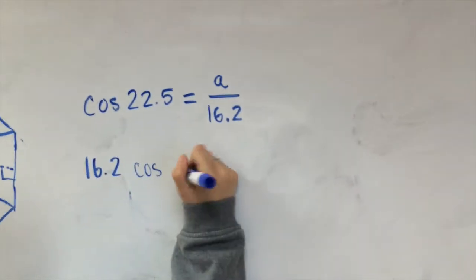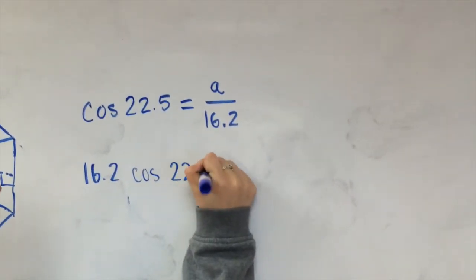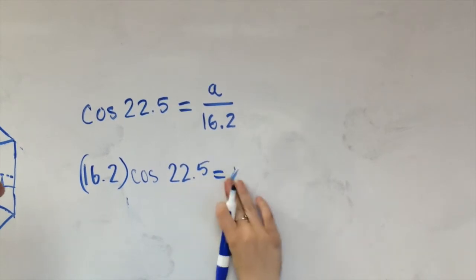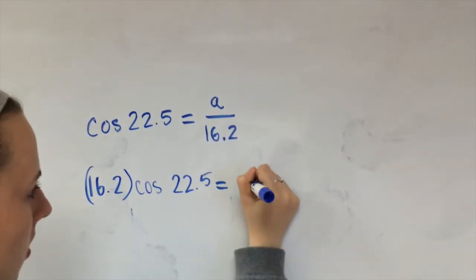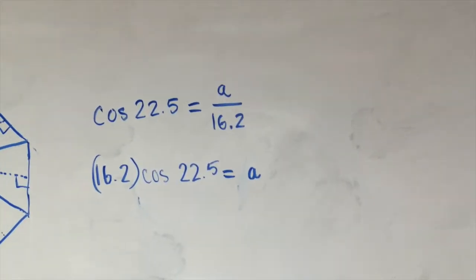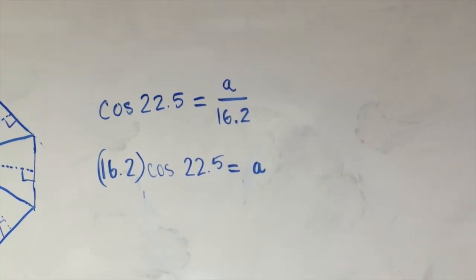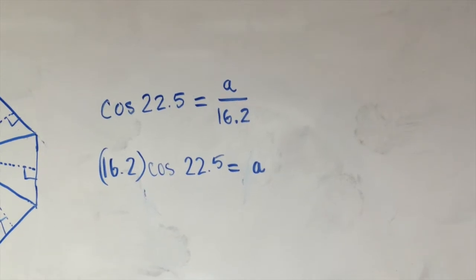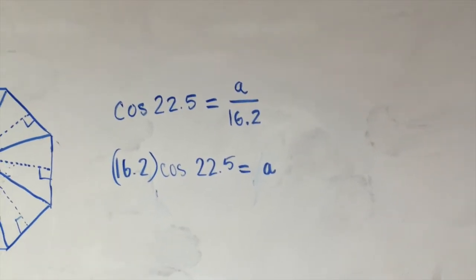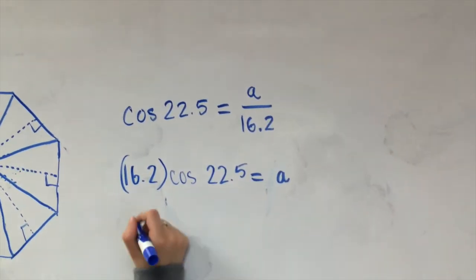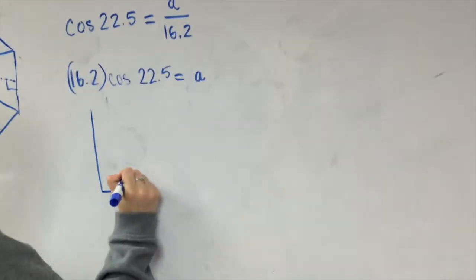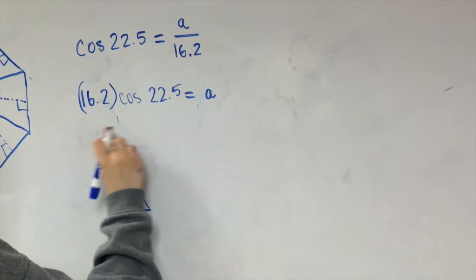Okay, so here we have cosine 22.5 equals A over 16.2. And then you have to multiply the whole thing by 16.2, so 16.2 cosine 22.5. And then you have to use a calculator to get the answer. And this is me showing what the small triangle looks like.